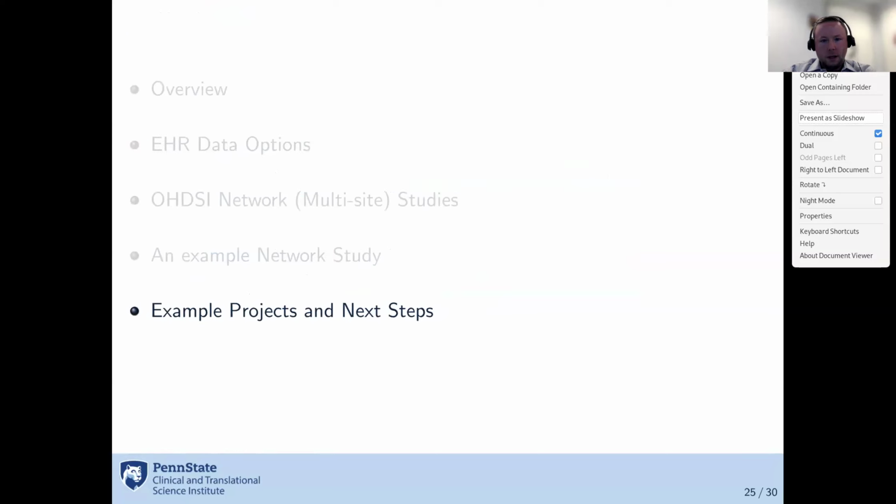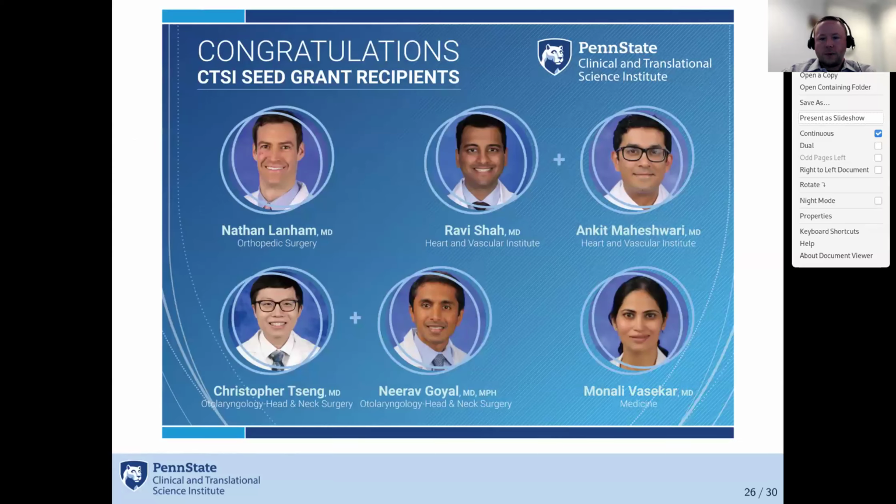Okay. So now focusing on some of the different projects that we have going on here within the CTSI Informatics Core. These were our CTSI Seed Grant recipients, and there are 4 active projects here. So Dr. Lanham, we have the analysis and comparison of anticoagulation with and without bridging therapy after shoulder surgery.